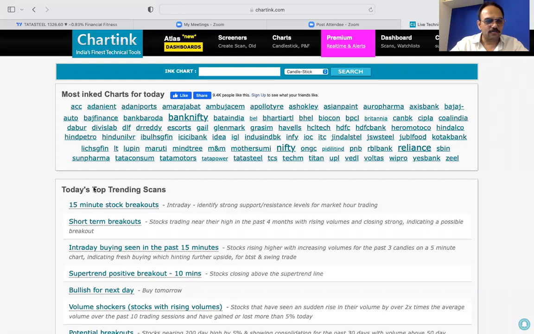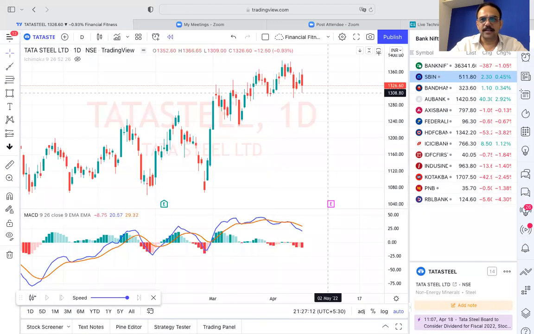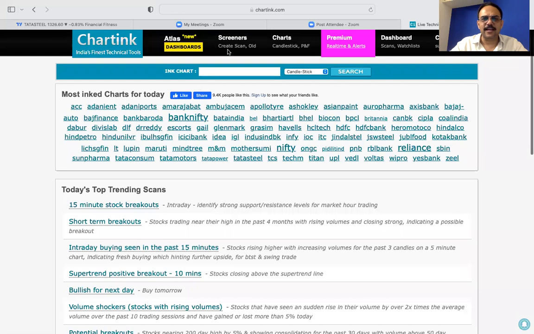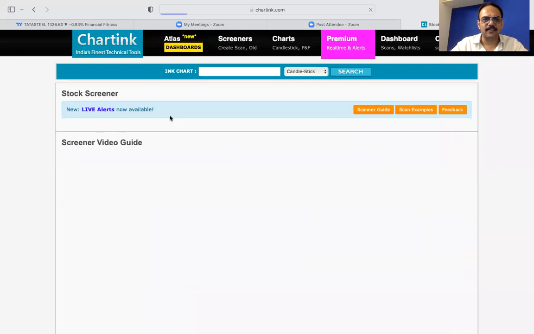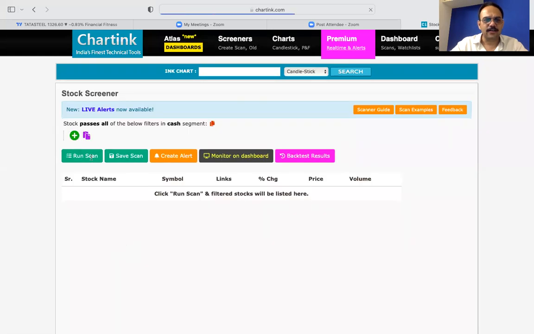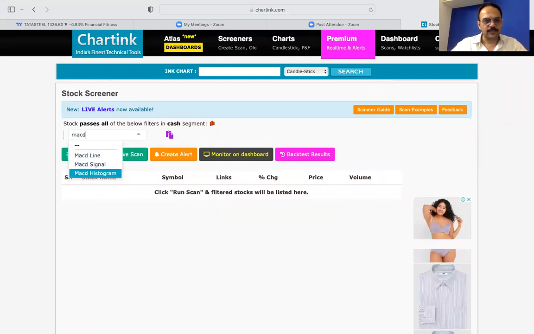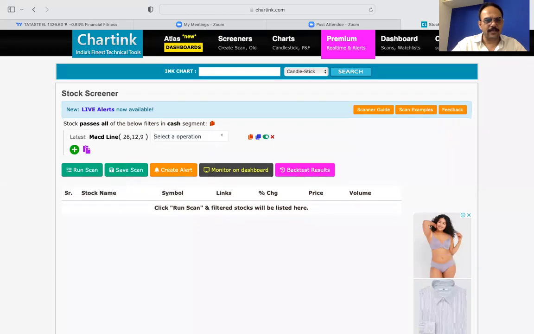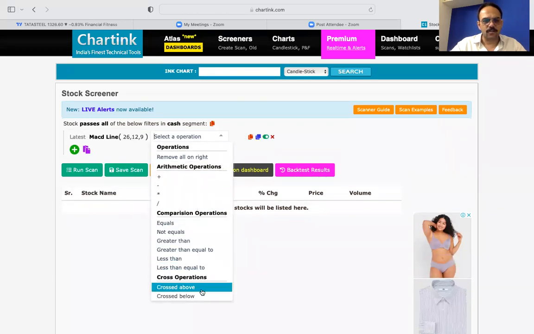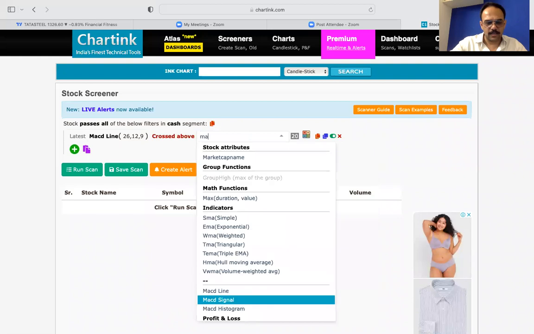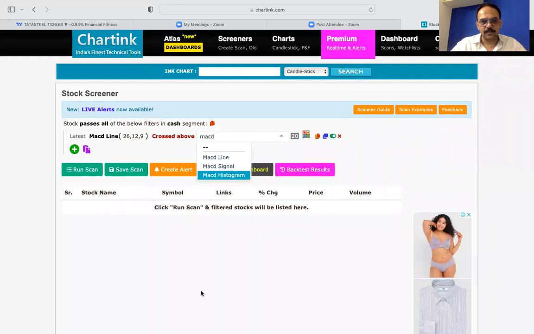Okay, so Satish, sir, what do we have to search here for MACD? Nothing, just in chart, create scan, and you have to write here MACD line cross above MACD signal. That's it. Actually, we cannot set 9 here.